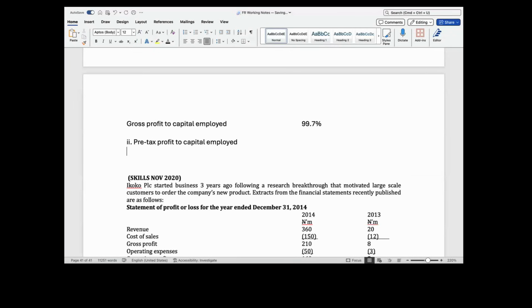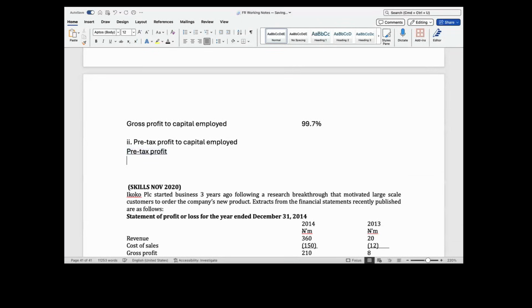So can you guess the formula for this? Profit before tax, all upon what? Capital employed. Equity. Yeah, that's correct. So now I know that my capital employed is equity because they didn't give me debt.